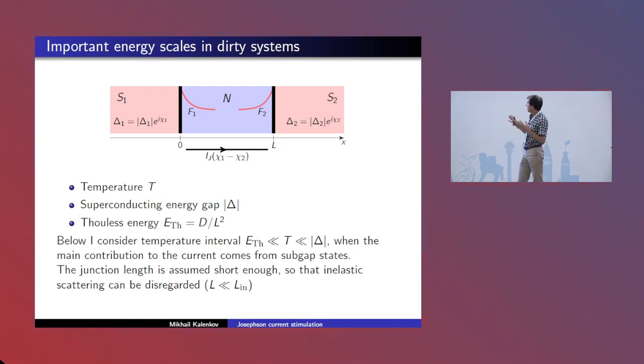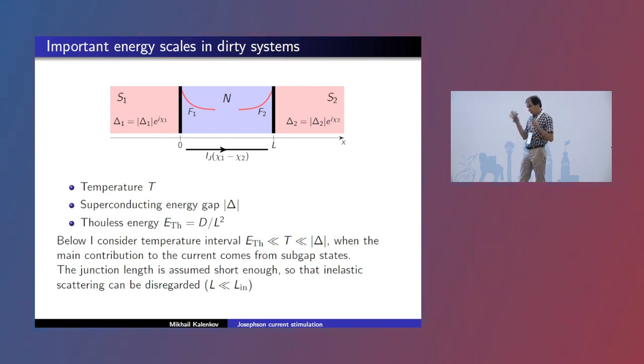Here I just summarize important energetic parameters of the structure. It's the temperature. The next parameter is the gap. In the following, I will assume that the gap is the largest parameter of the structure. So I assume that the temperature and Thouless energy are much less than the superconducting gap.